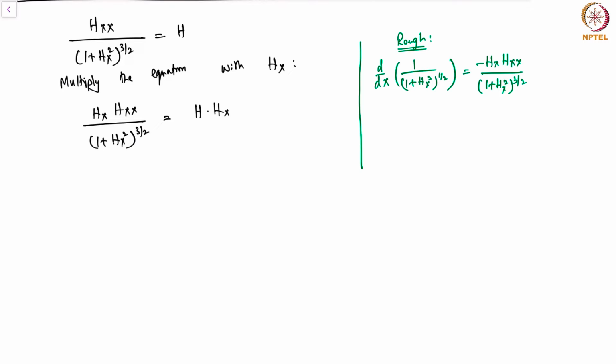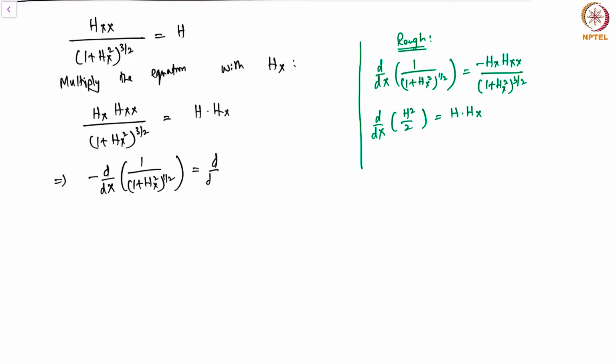And so therefore I straight away have the left hand side is d by d capital X of minus 1 plus hx square whole power half. That's the left hand side. What about the right hand side? D by dX of H square by 2 is exactly H times hx.